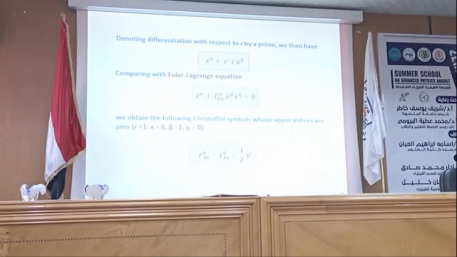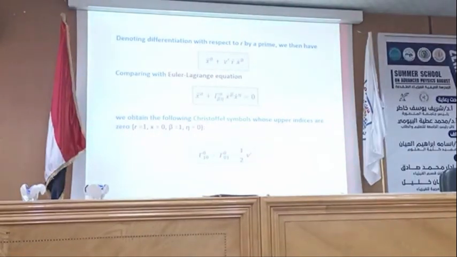Because of symmetry, I have also gamma 0, 1, 0. So in fact, if I have this Christoffel symbol, I should have this Christoffel symbol because of symmetry. So instead of a nu dash here, each of them is 1/2 nu dash.